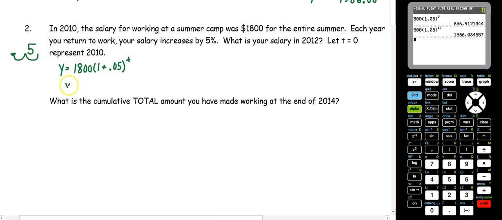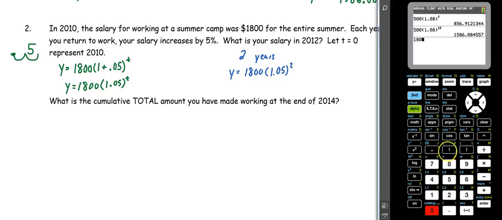I can add that together and simplify, so y equals 1800 times 1.05 to the t. So if I want to know my salary in 2012 and we started in 2010, that's 2 years. So I'm going to put 2 in for t. So y equals 1800 times 1.05 squared.